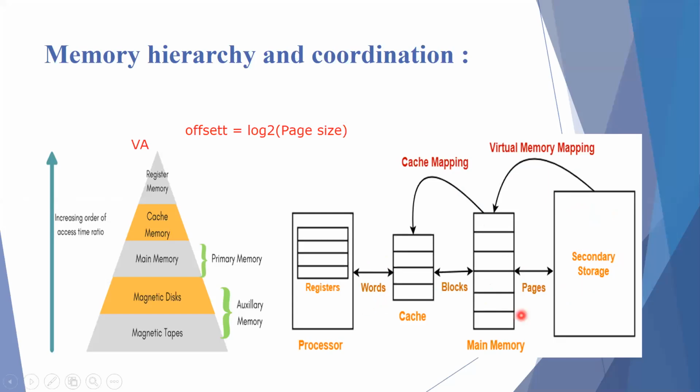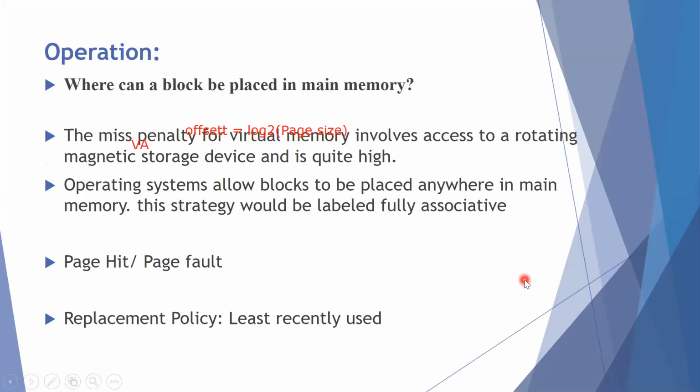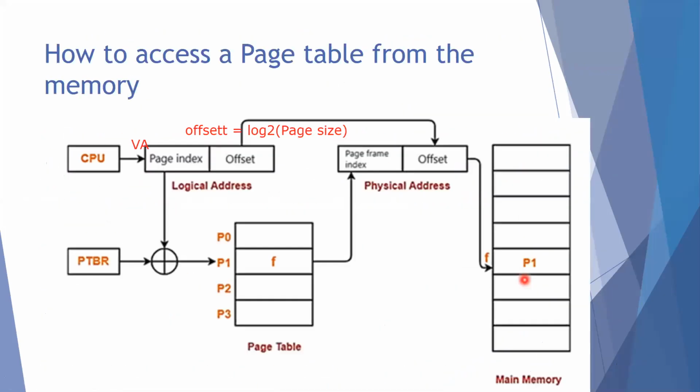Yes, ma'am. So the initial bits of the virtual page number are used to access the page table register, and this register now tells the address of the respective page table. And in the page table you have, I should draw it here for you.